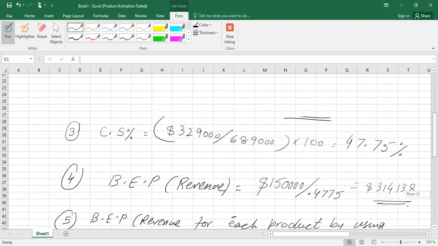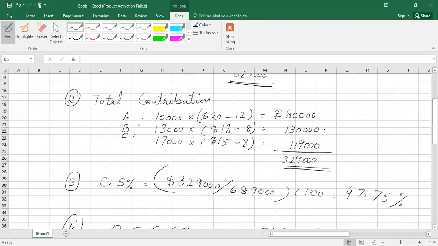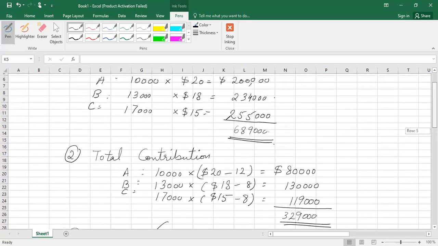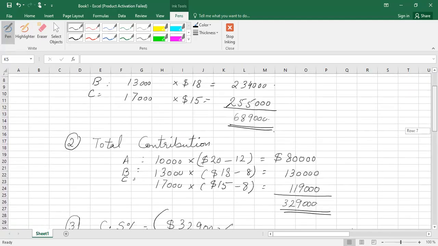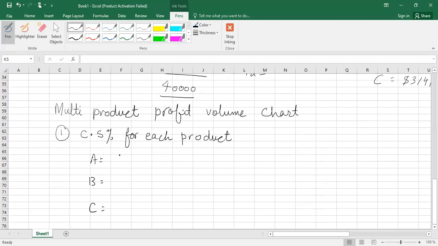Total contribution for A is 80,000, for B is 130,000 and 119,000. And revenue is 200, 234 and 255. So we will separately calculate CS ratio of each product. Here we have a contribution of 80,000 divided by a total revenue of 200,000.